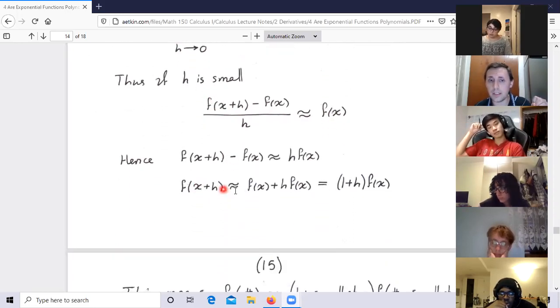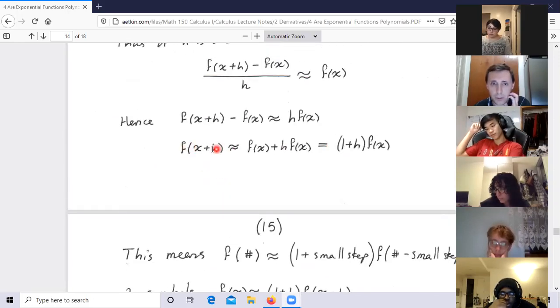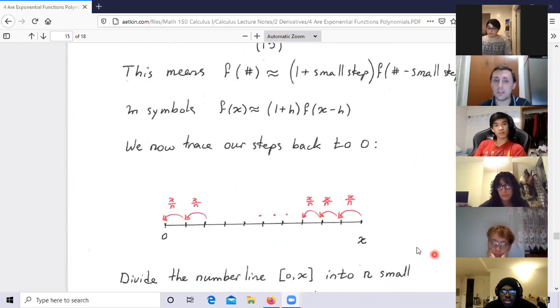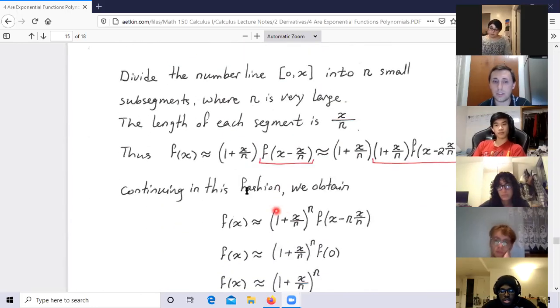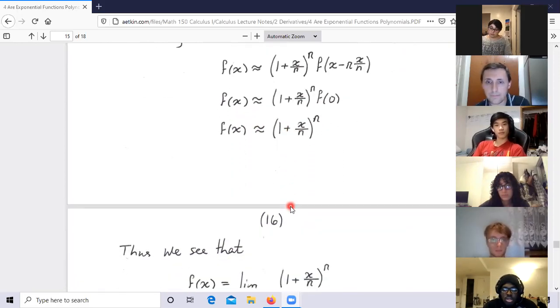And then you get this recursion formula. In other words, you have defined the function at a number to be 1 plus the step back that you take of the function at the number minus the step that you take. Then you just do this process, and you get this formula. I hope you understand how that worked.